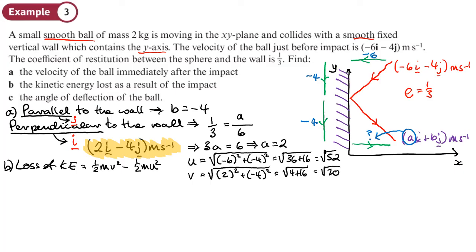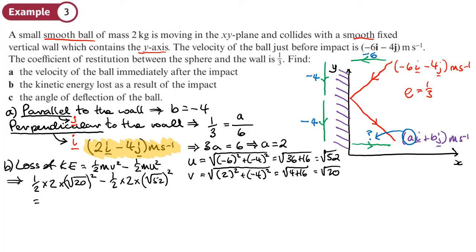So our loss of KE is going to be half m, now we've got the mass is 2, times v squared, so that's root 20 squared, so basically it's 20, minus half m times root 52 squared, which is just going to be 52. So we'll work that out.